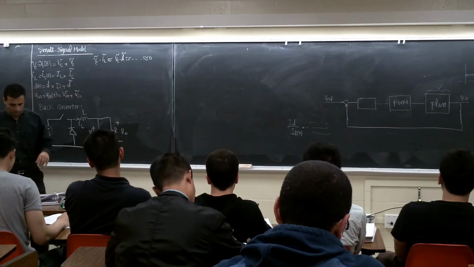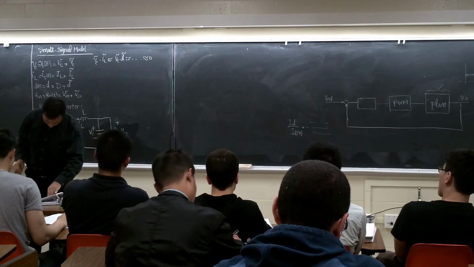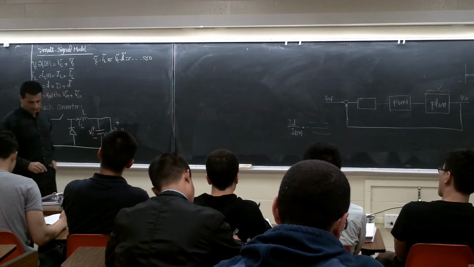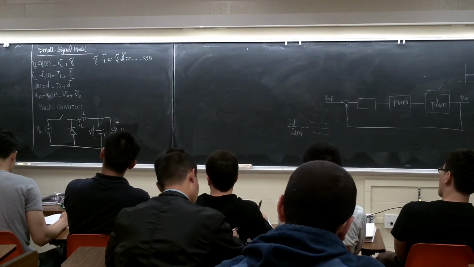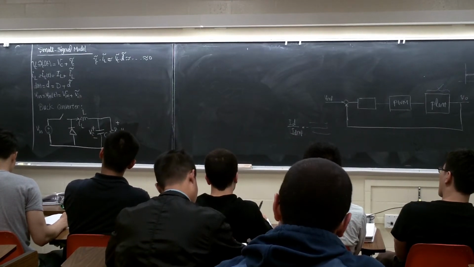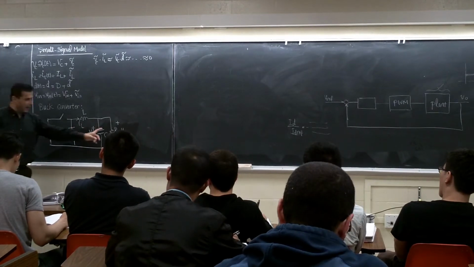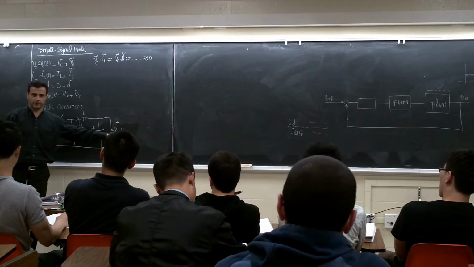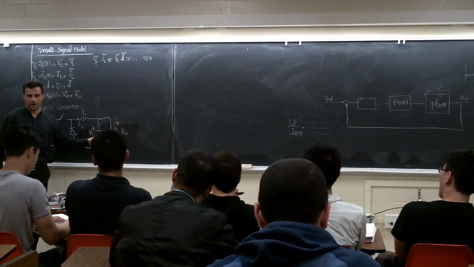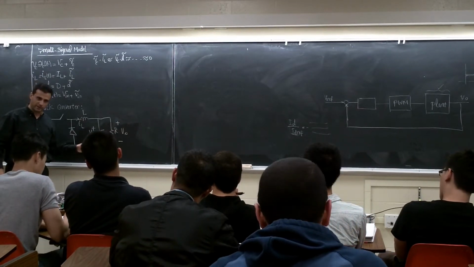This one was the buck converter. Now we want to find the parameter we are looking to control, which is VO, or VC, because VO and VC are the same.